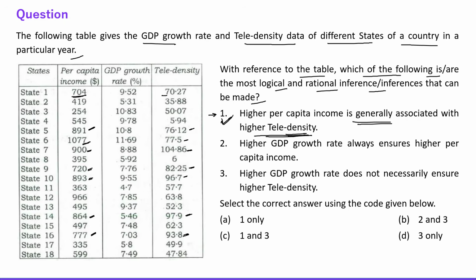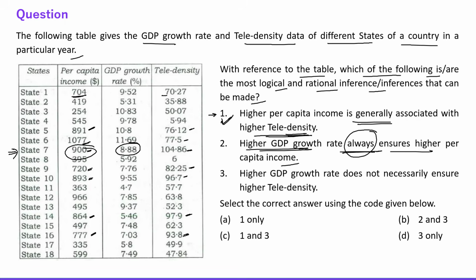Now let's talk about the second statement. Higher GDP growth rate always ensures the higher per capita income. No. Always is, let me check. Just wait. State 7, if I talk about higher GDP growth, here the GDP growth is 8.88. Right? But the per capita income is 900.